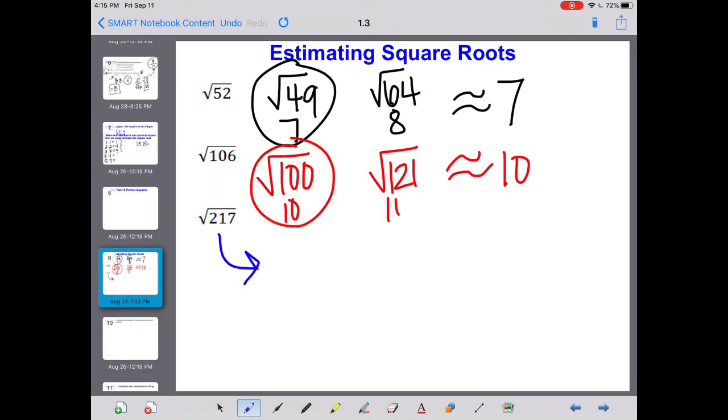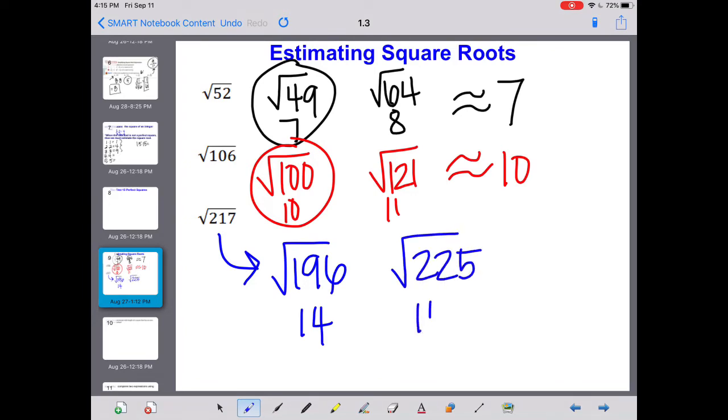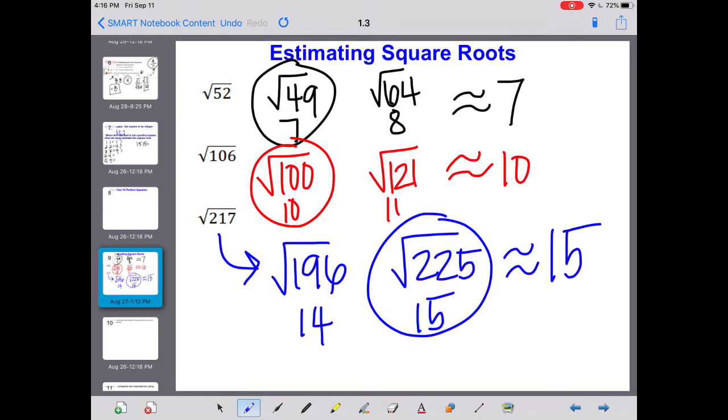The square root of 217 falls in between 196, which is 14, and 225, which is 15. This time, 217 actually falls closer to the larger one, so we would say that it's about 15.